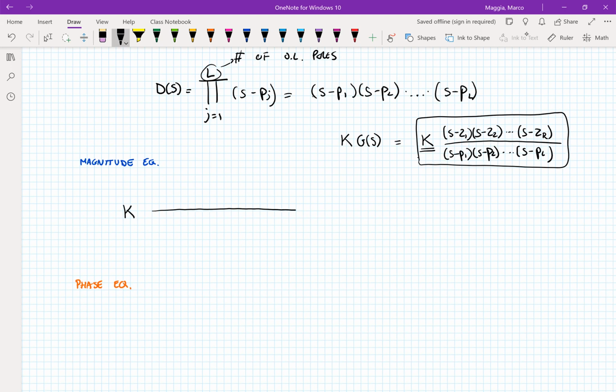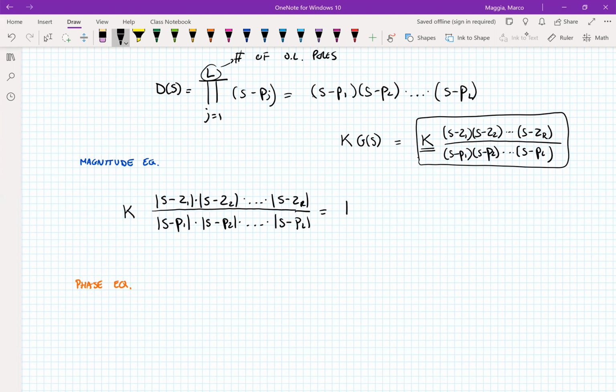When we have a product like so, S minus Z1 is a complex number, so you want the magnitude of the first complex number times the magnitude of the second one, times all the way with the magnitude of the last one. At the denominator, we do the same thing. We have S minus P1 in magnitude times the magnitude of S minus P2, times all the way S minus PL. And this has to be equal to 1, which is the magnitude of minus 1.